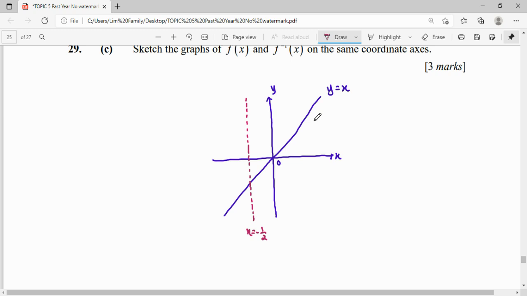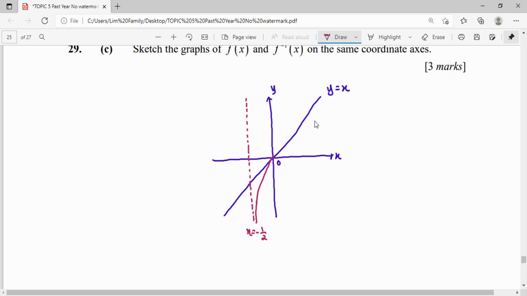So for this graph, before the coordinate of 0, it will be lower than the reflection axis y equals x.